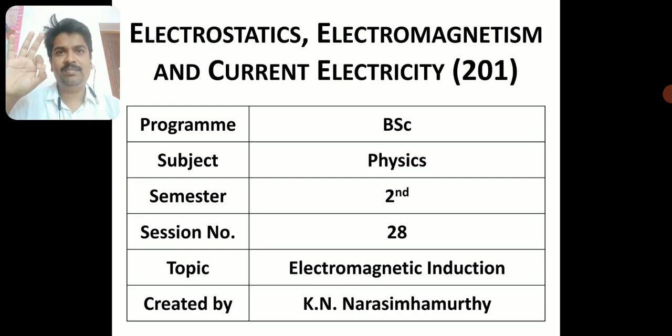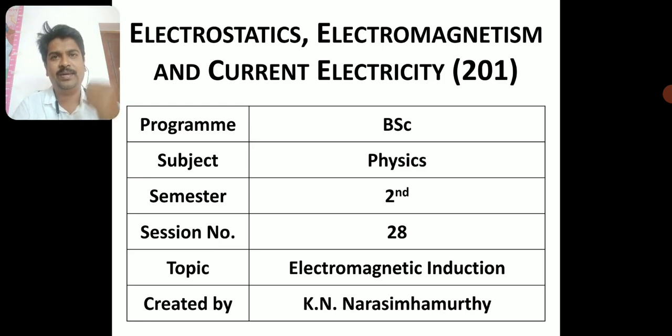This EMF is known as induced EMF, and this current is known as induced current. EMF is induced as long as there is a change in the magnetic flux. When the change in magnetic flux stops, the induced EMF will also stop. This is Faraday's first law of electromagnetic induction.